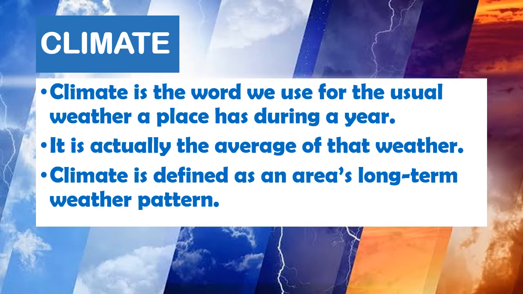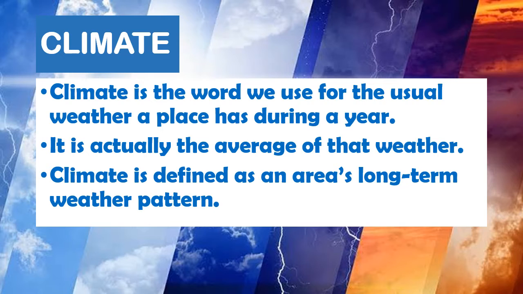Climate is defined as an area's long-term weather patterns. Other useful elements for describing climate include the type and the timing of precipitation, amount of sunshine, average wind speeds and their direction, number of days above freezing, and other weather extremes.